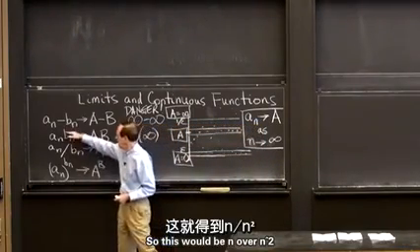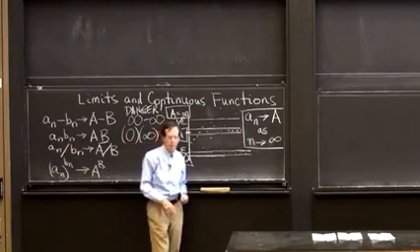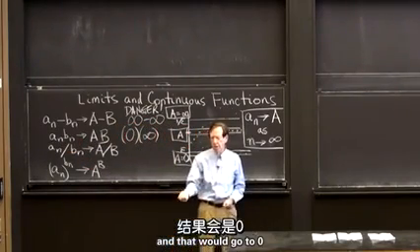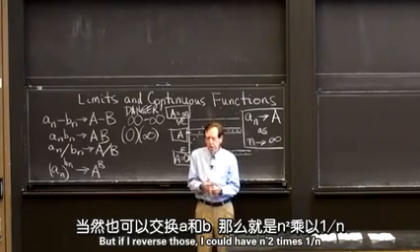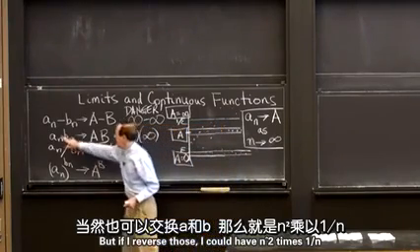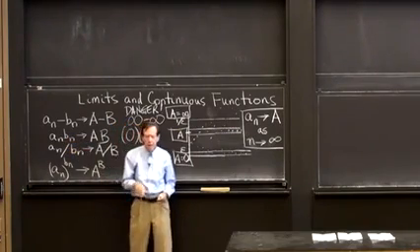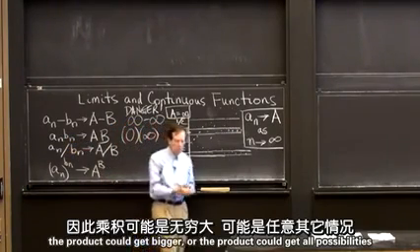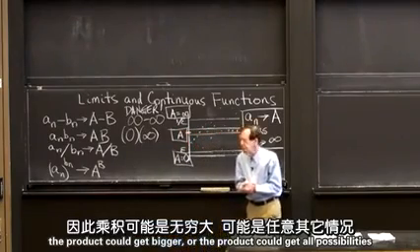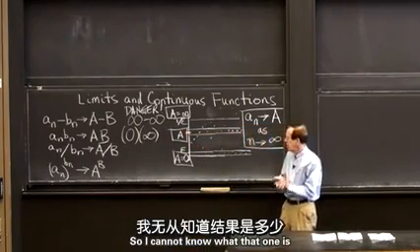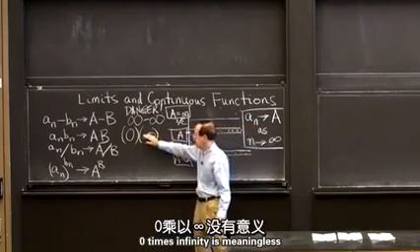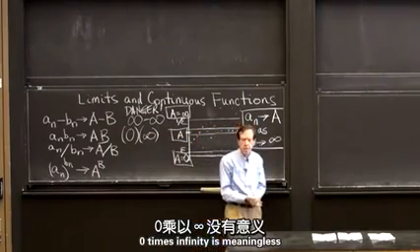So this would be n over n squared, and that would go to 0. But if I reverse those, I could have n squared times 1 over n. The product could get bigger, or the product could be all possibilities. All possibilities there. So I cannot know what that one is. 0 times infinity is meaningless.